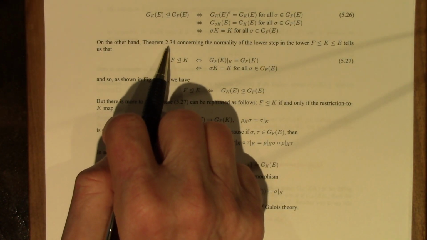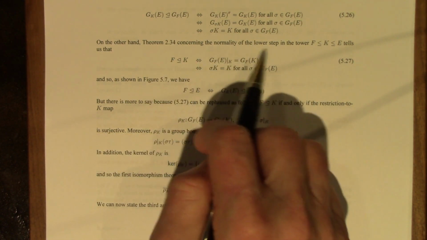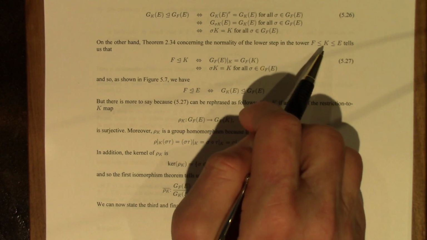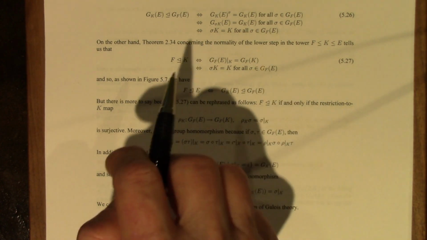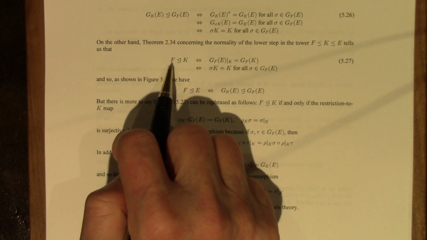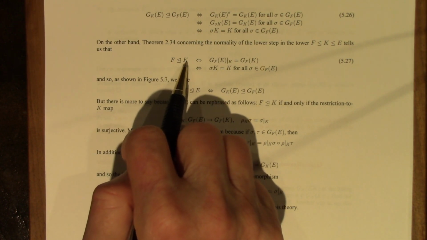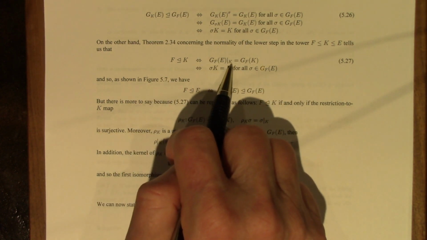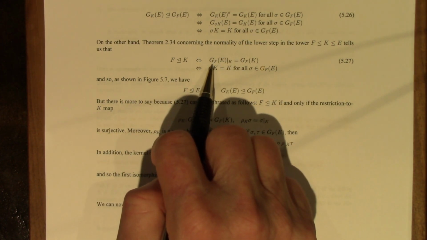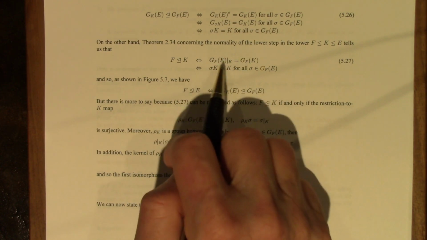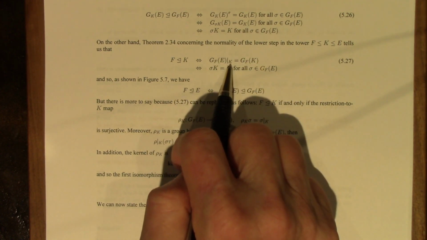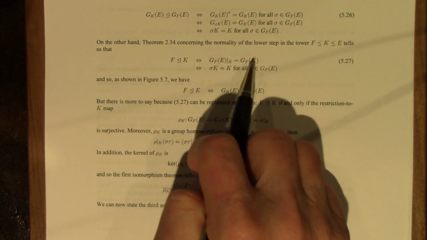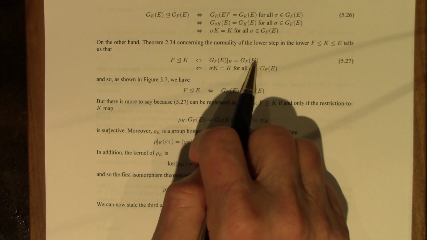On the other hand, we had a theorem some time ago concerning the normality of the lower step in this tower. And we saw that K/F is a normal extension if and only if the restriction of the elements of G(F/E), the full Galois group, restriction to K is the Galois group G(F/K).